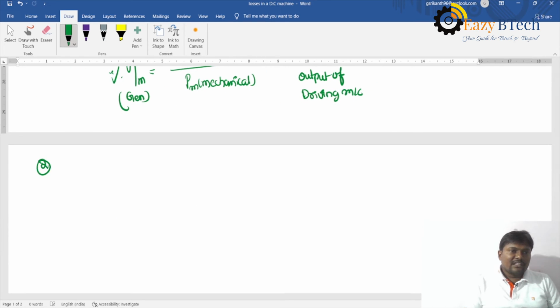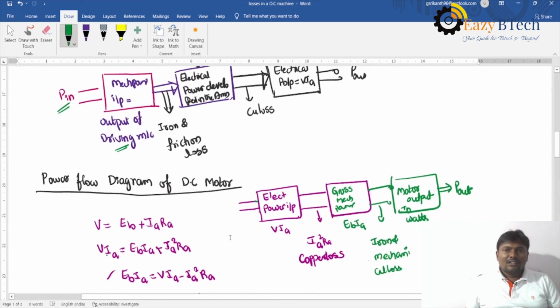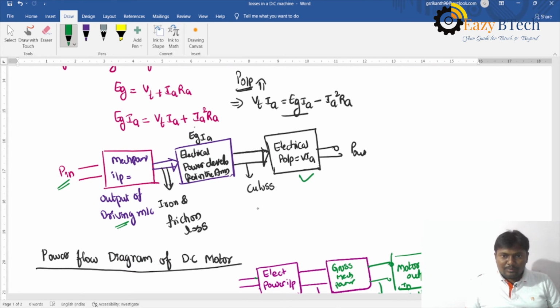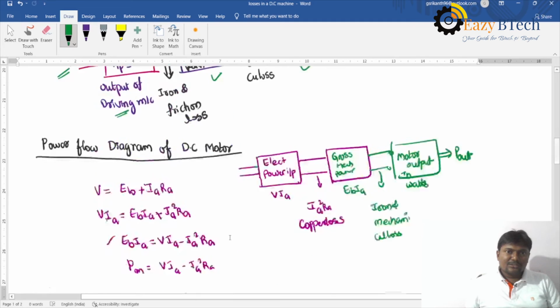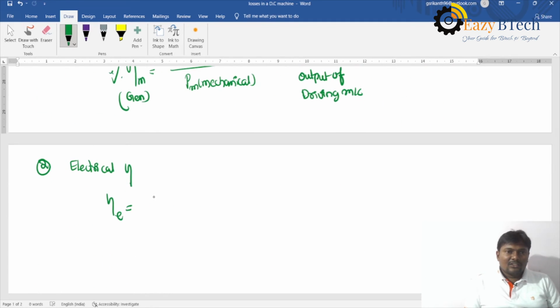Coming to the electrical efficiency, eta E is equal to the electrical output divided by Eg into Ia, so Vt into IL divided by Eg into Ia, into 100.